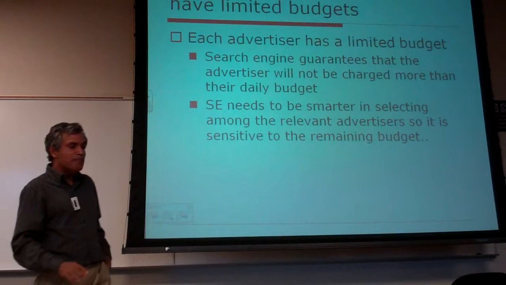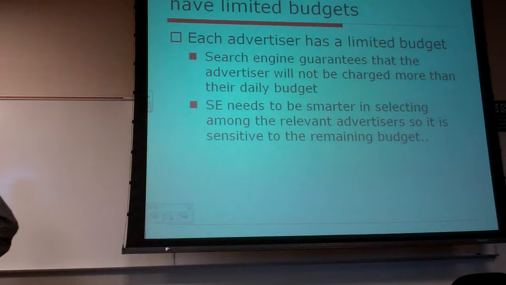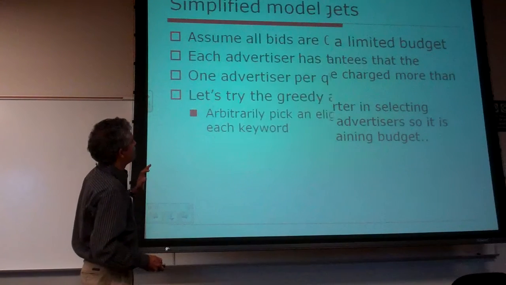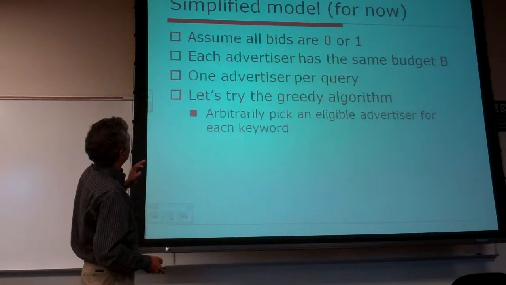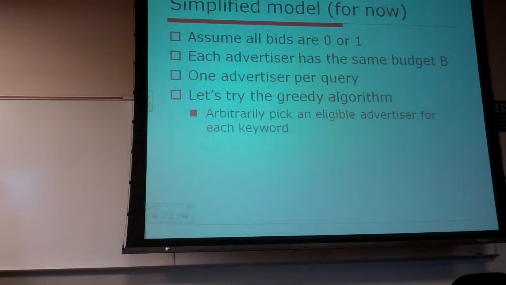This winds up making the online version of the problem no longer have the competitive ratio 1. To understand this, take the following simple example. Again, assume that bids are 0 or 1.